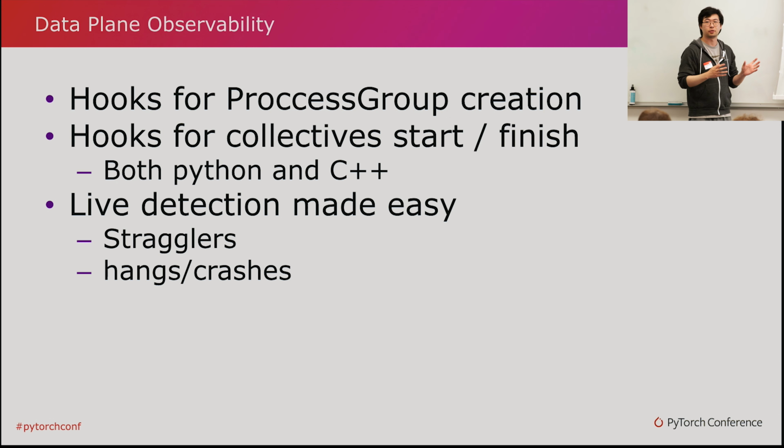They all want this feature. So we believe that with those techniques or features, we should be able to make error detection easier, so that we can figure out stragglers. For example, one rank joined the collective very late, and eventually it causes a collective timeout. Or we can figure out hangs or crashes on certain ranks.